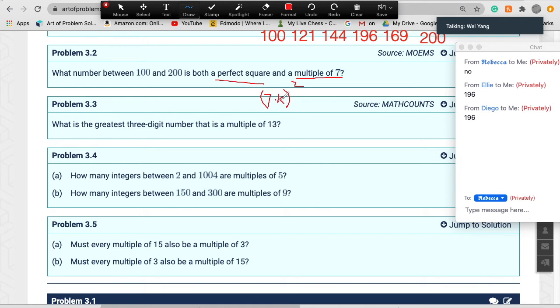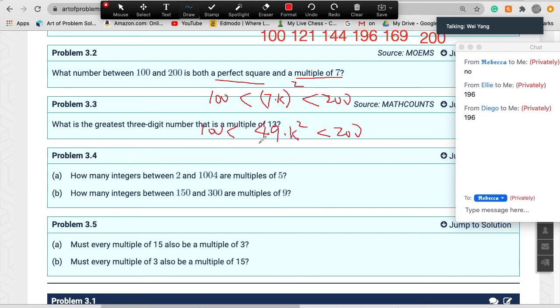So (7 times k) squared. This number should be greater than 100 and less than 200. So that's 49 times k squared. This should be less than 200 and greater than 100. So what is k? You can try.